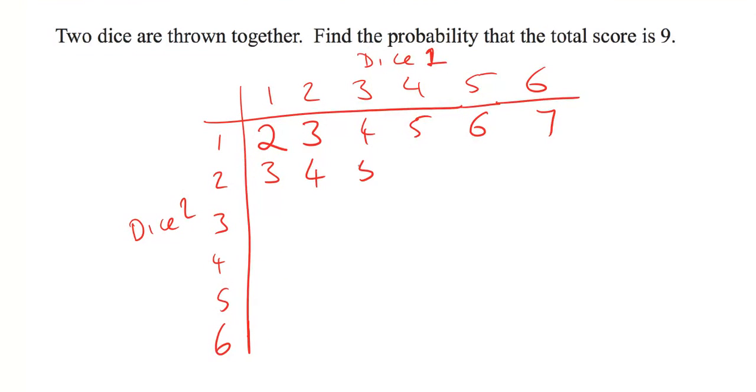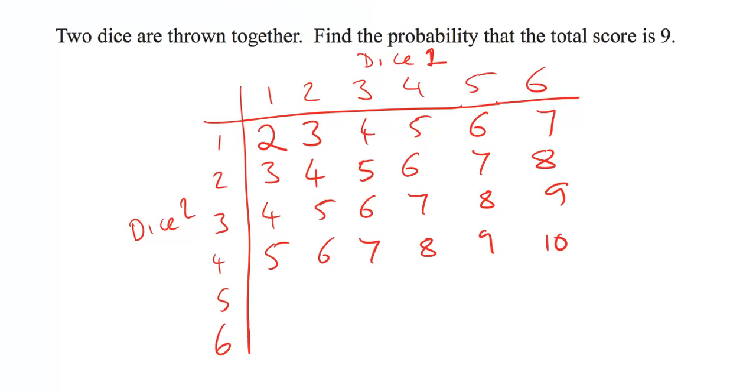I'm writing 5 here because it's 3 and 2. Right, let's finish this off nice and quickly. Okay, so there's my sample space.